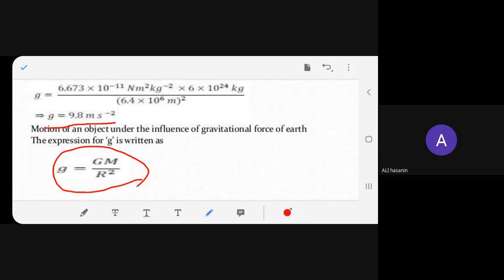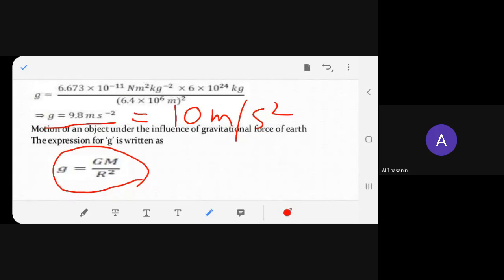Sometimes, to solve numericals in an easy manner, we take this 9.8 meter per second square as 10 meter per second square. Sometimes it will be given to you in brackets.